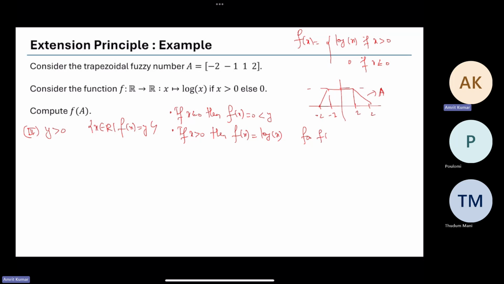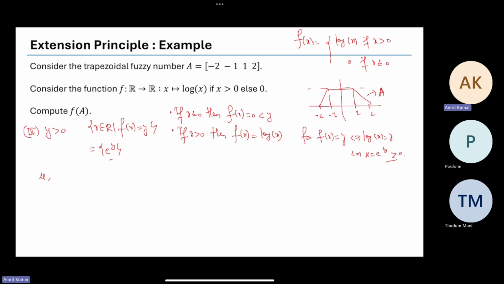So for f of x equal to y, log of x needs to be equal to y, or in other words, x has to be equal to e to the power y, and e to the power y is indeed greater than 0. So in this case also, the set of all x such that f of x equals y essentially boils down to e to the power y.